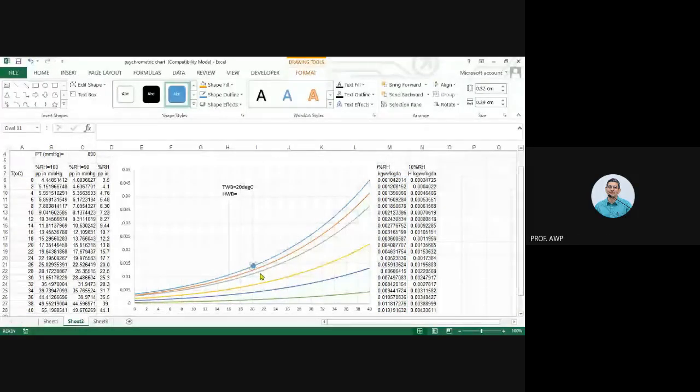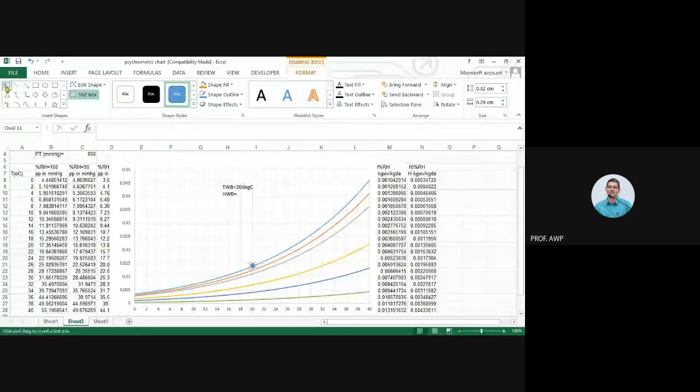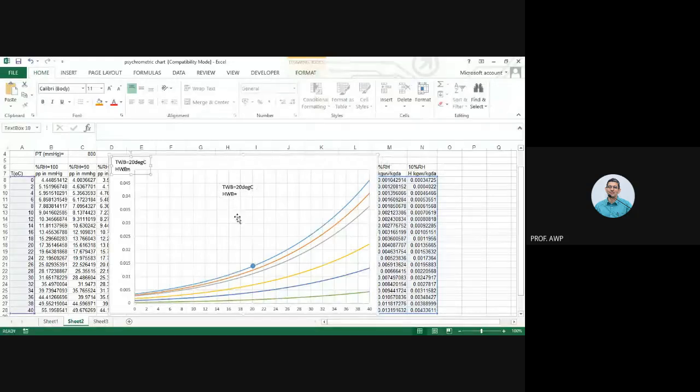Now, if I plot points corresponding to a constant wet bulb temperature of 20 degrees centigrade, which equation are we solving?